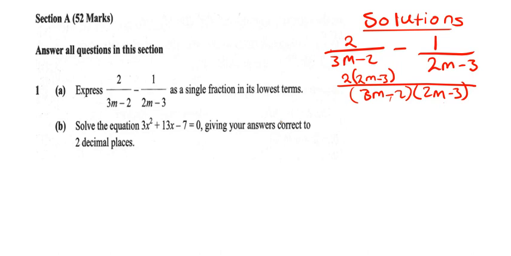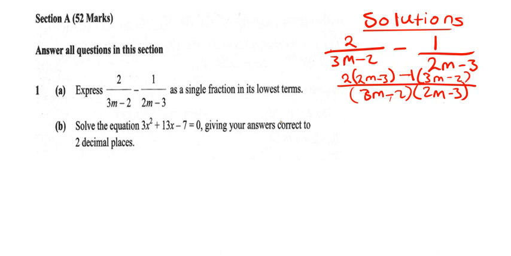Now the sign which is here, the negative, will be combined with 1, so it will be negative 1 multiplied by whatever you're going to remain with. So it will be negative 1 multiplied by 2m minus 3 into this, you're going to remain with 3m minus 2, like that.